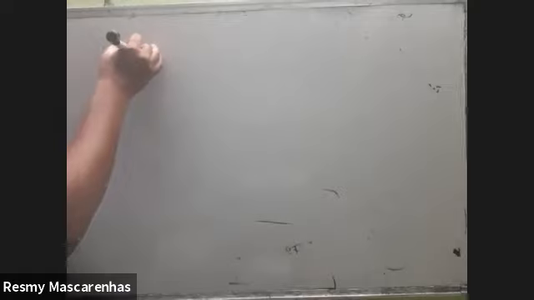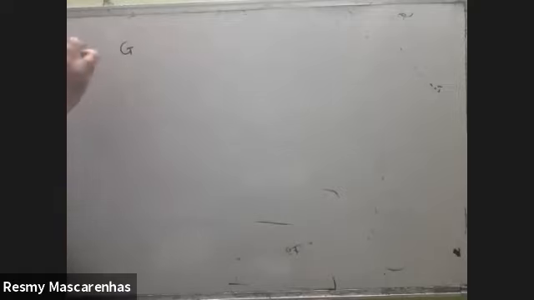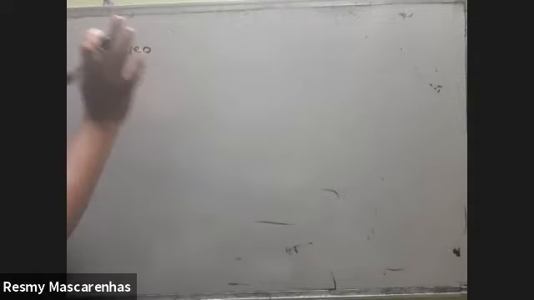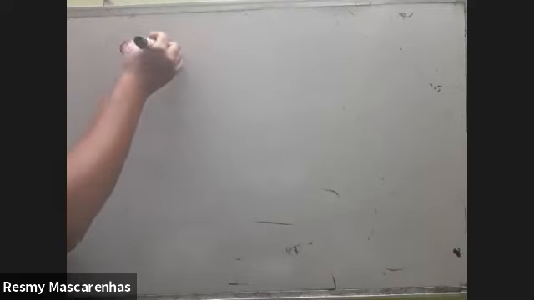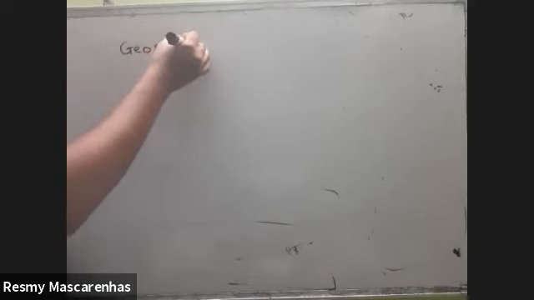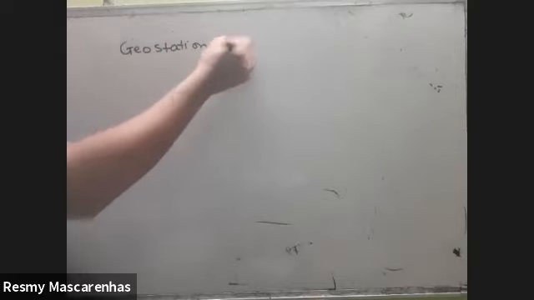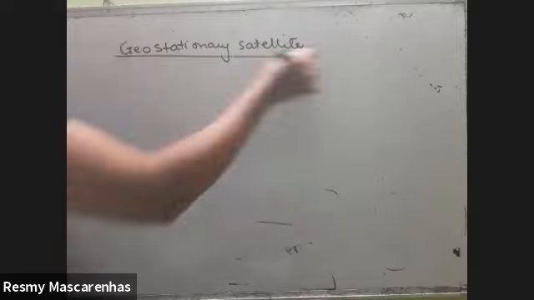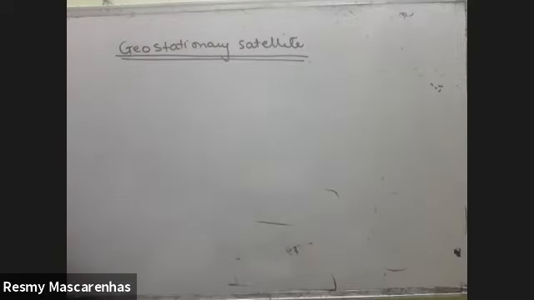Next is the geostationary satellite. So these were the derivations for this orbital velocity. Now one last small topic, geostationary satellite. What is a geostationary satellite?